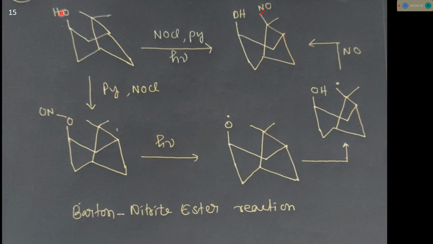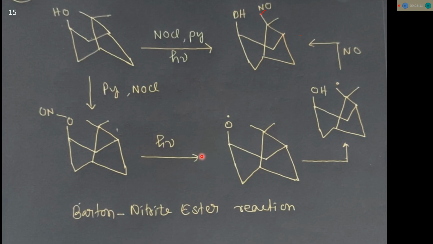So this is the mechanism. First pyridine abstracts this H atom, and this O minus reacts with this NOCl to form O-N=O. Now in presence of light, homolytic cleavage will occur in this bond, so O radical, O dot, and NO dot are released. This radical abstracts a hydrogen from these positions to release an alkyl radical.